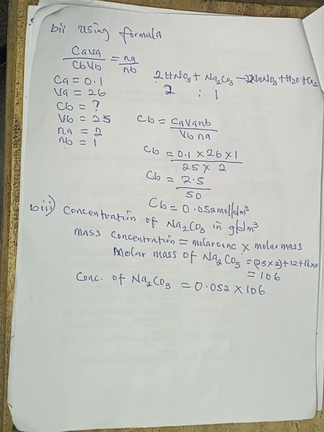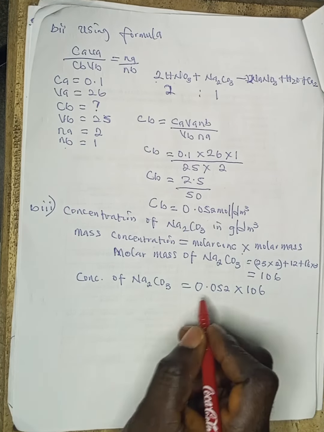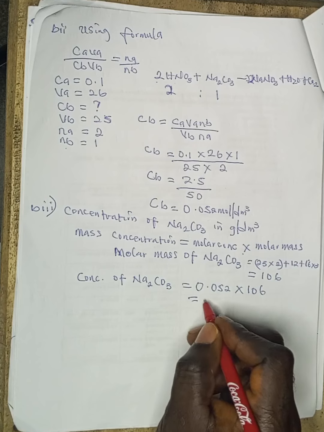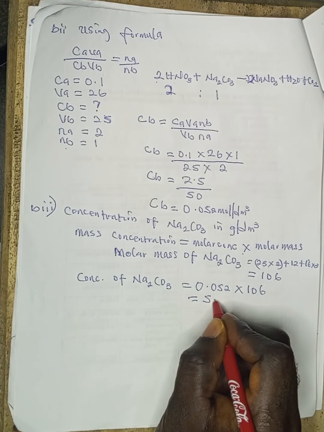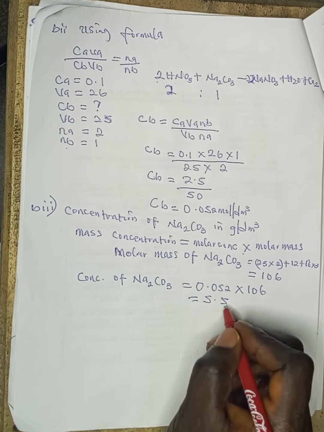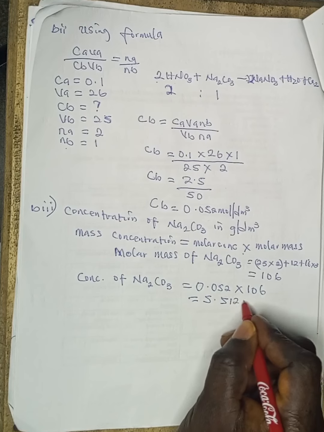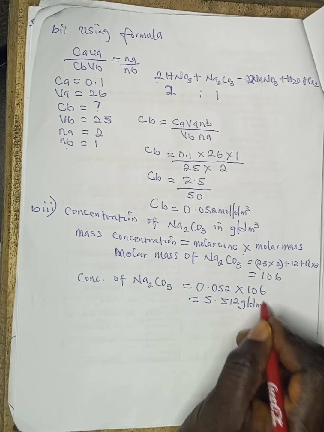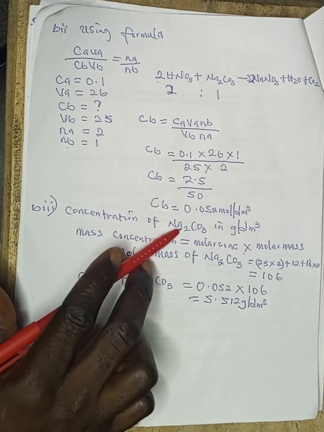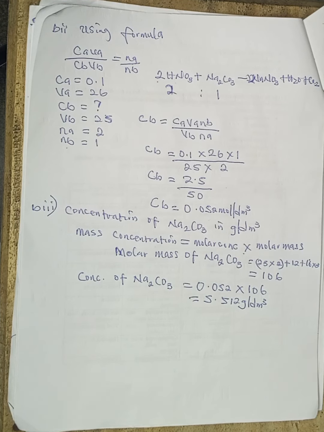Are you following? So what will be your answer? If you multiply this one, it will be equals to 5.512 grams per DMQ, because you are asked to calculate this in grams per DMQ. So that is your answer. Are you following? Do you understand?